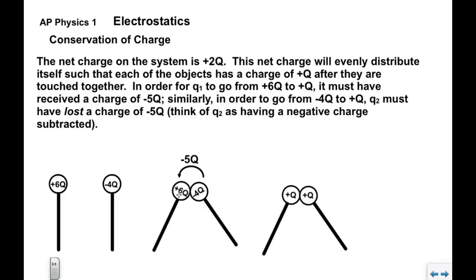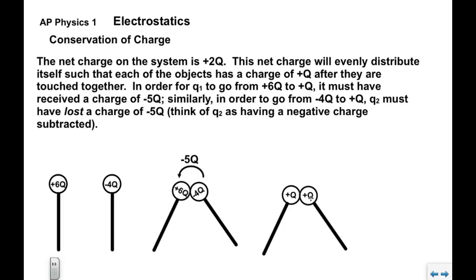So it starts at 6Q, minus 5Q, ends at plus Q. The other object starts at negative 4Q and has to go to plus Q. Now your initial inclination might be to say that it receives a positive charge of 5Q, but again, it's the negative charges that move, and that means that in order for the charge to go from negative 4Q to plus Q, it must have lost negative 5Q.